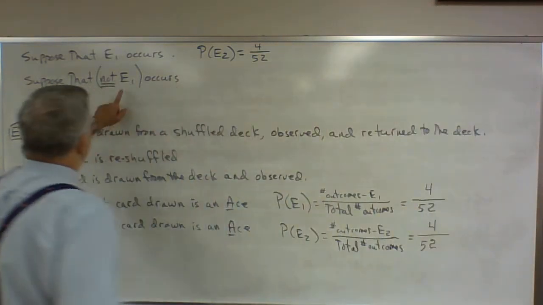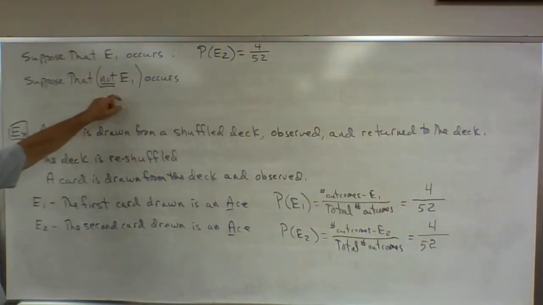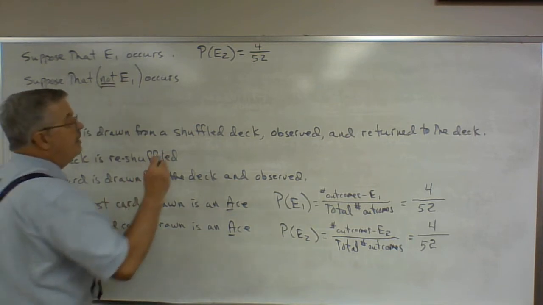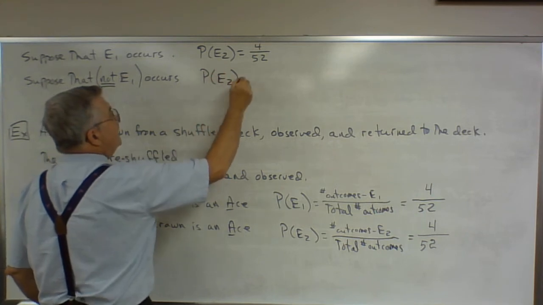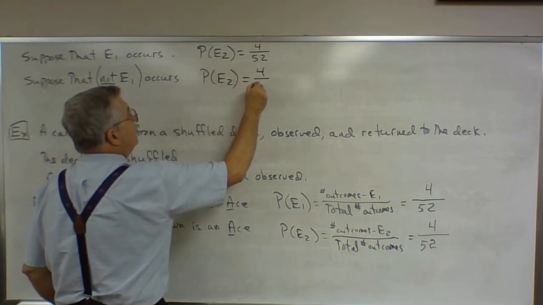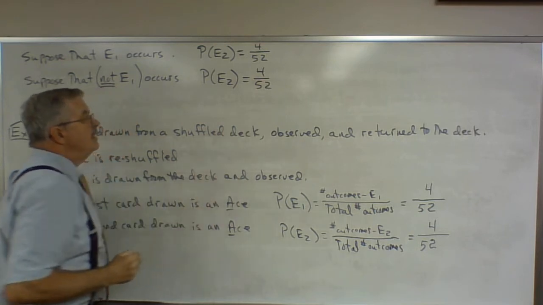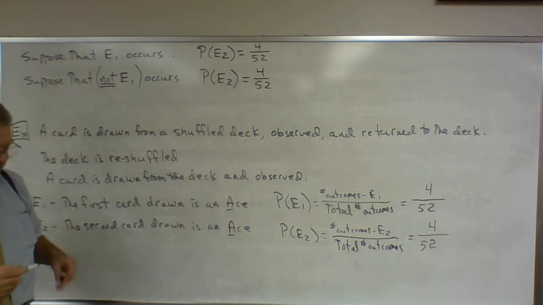So if the first card that we draw is not an ace, the probability of getting an ace on the second draw is still 4 out of 52.